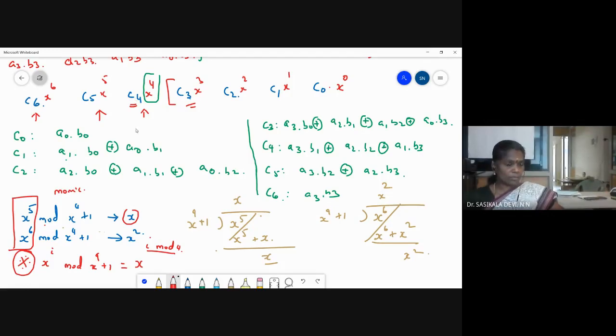If you apply this rule, this will be C4, the coefficient of x power 0. Now this will be C5, the coefficient of x power (5 mod 4), and 5 mod 4 is 1. So this is C5 x power 1. These two coefficients are different, so let them have different notation.